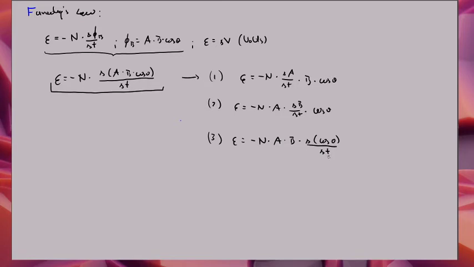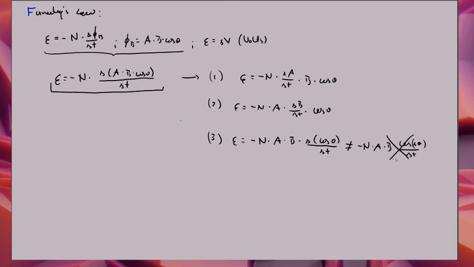Now the last one is perhaps the trickier, because this is not the same thing at all as minus N times A times B cosine of the change of the angle theta over the time. That is not the case. You can't do that. It just doesn't work. For those of you who have had some calculus, delta over delta T is the derivative with respect to time, and so you can't just do this.